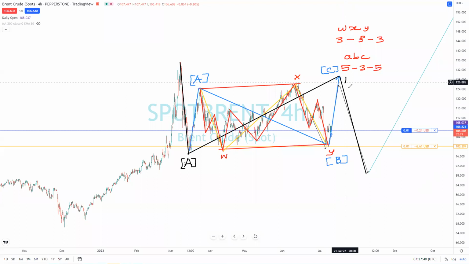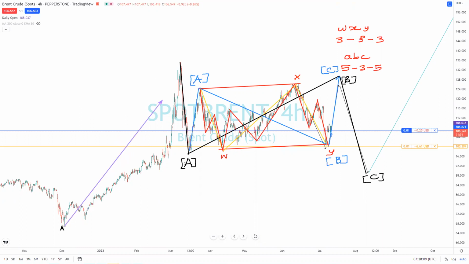This could be wave B, and this is our wave C. Now we can see that this correction, or rather should I say, this whole swing here, let me use a different color, purple degree.